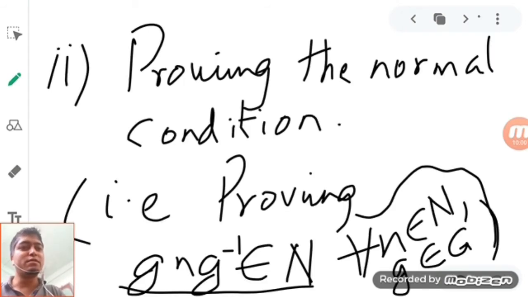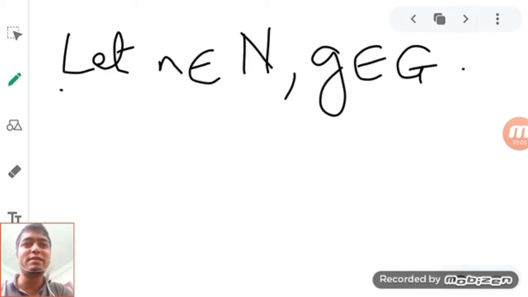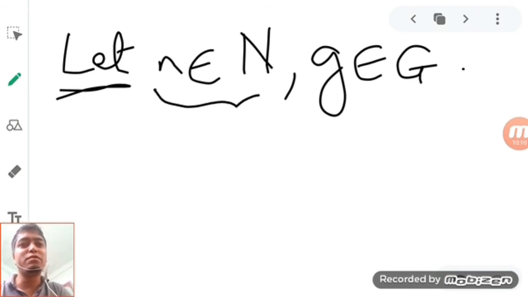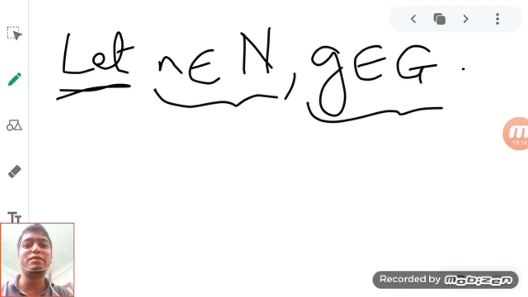Because over here we have the condition for every, that is why I'm starting with the word let. It just means that we don't know how the element of N looks like and what it is. That is why we have just denoted it with a letter n.